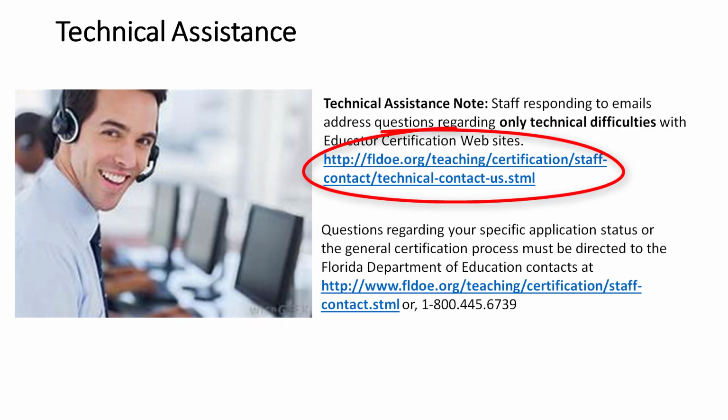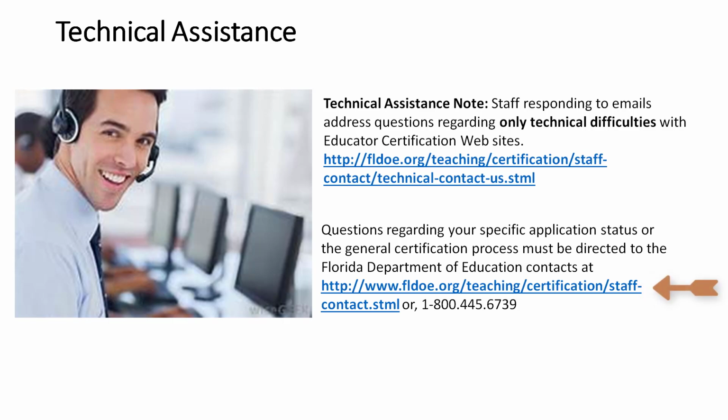The Florida Department of Education staff will respond to emails addressing questions regarding only technical difficulties with Educator certification websites. Questions regarding your specific application status or the general certification process must be directed to the Florida Department of Education contacts at the address below or 1-800-445-6739.